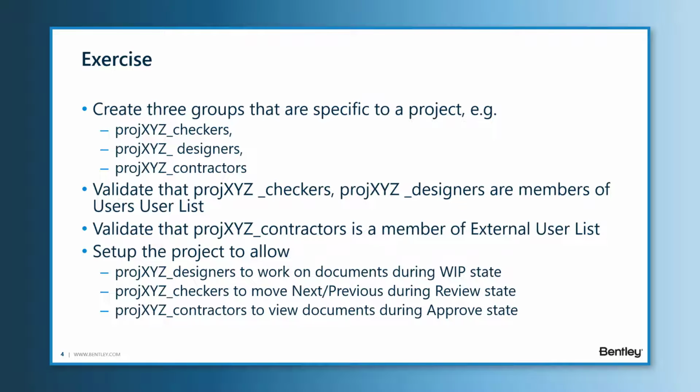Finally, set up your project to allow the designers for your project to work with documents while they are still work in progress. When the documents for your project are in review state, only checkers for your project can move documents to the next state or push them back to the previous state. When documents for your project are in approved state, only contractors for your project can view the documents. No other contractors can view the same documents.